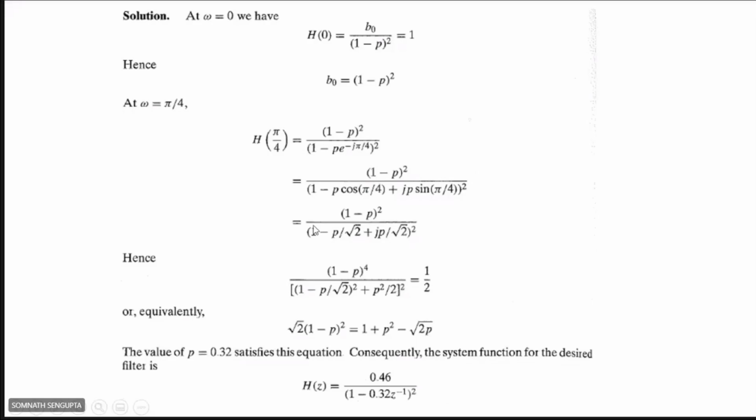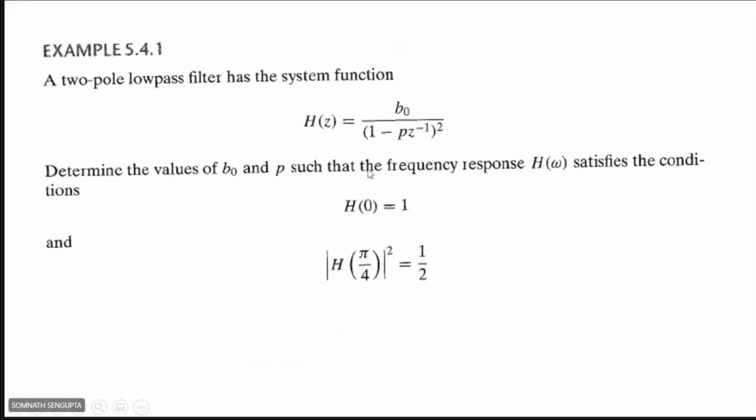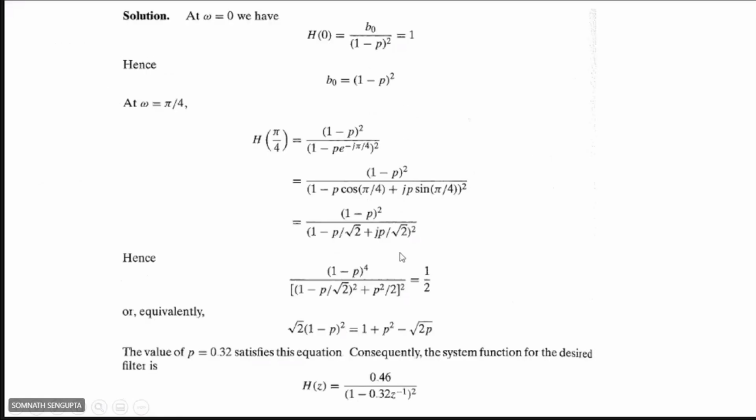So finally we get the transfer function as, according to this, B0, putting the value of B0 and P. So we get B0 is 0.46 and P is 0.32 Z inverse square.